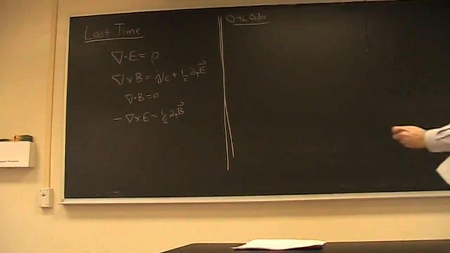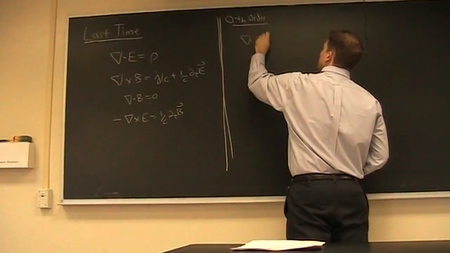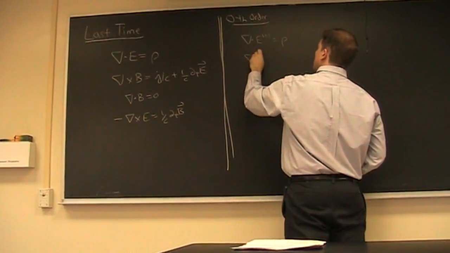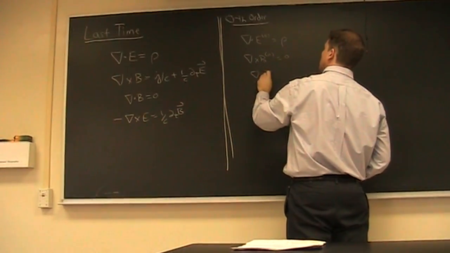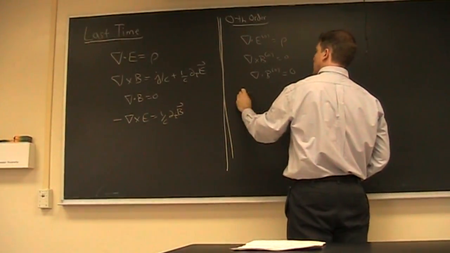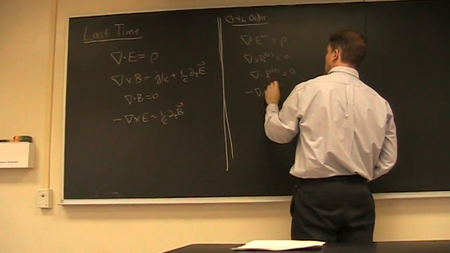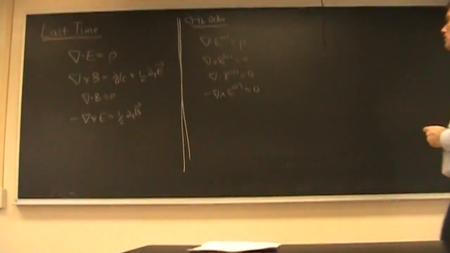At 0th order, we were solving these equations: rho, and then curl of B equals 0, and divergence of B equals 0, and minus curl is equal to 0. Okay, at lowest order.